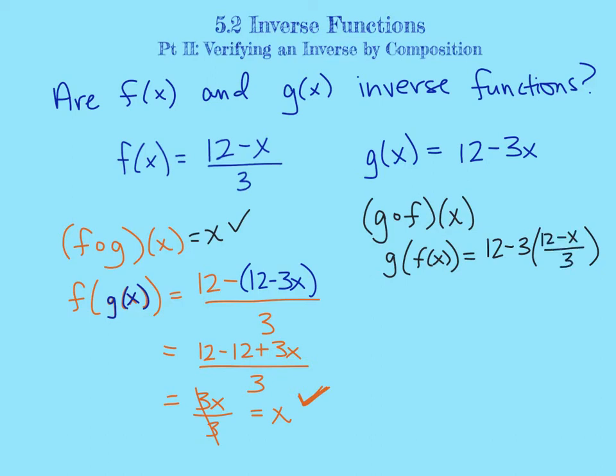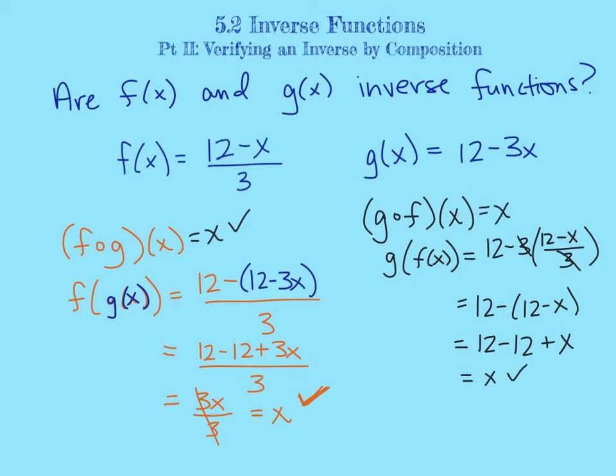Now these 3's can cancel because they're top to bottom, and so we're left with 12 minus x. There are alternate algebraic ways to do this. You could have distributed the 3 through and done more things. This is just the most straightforward way. So we have 12 minus 12 plus x, and to simplify, we have x.